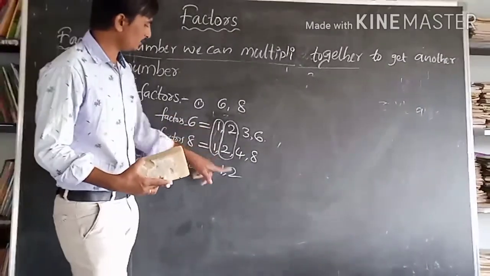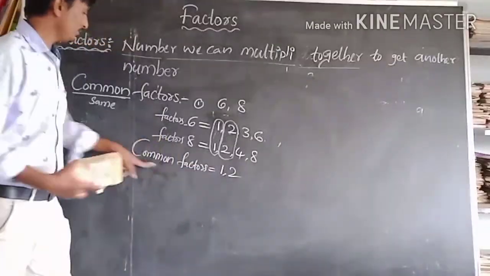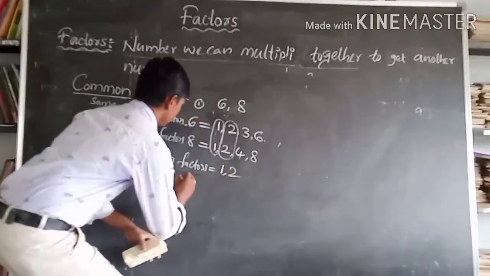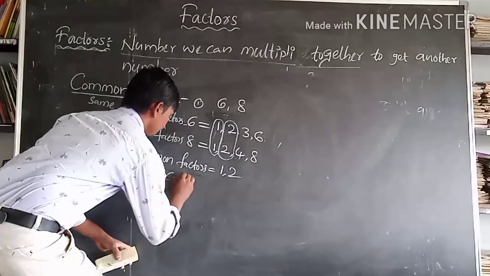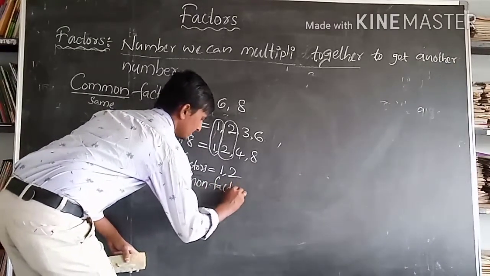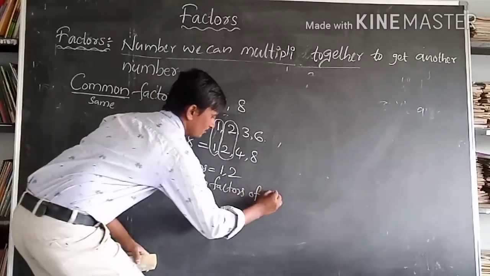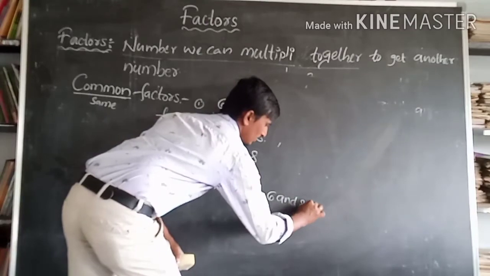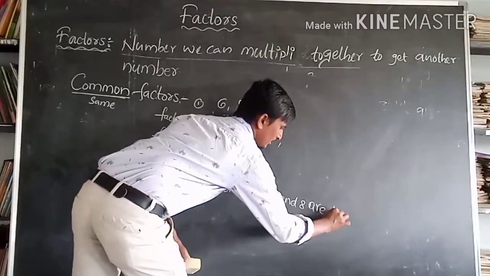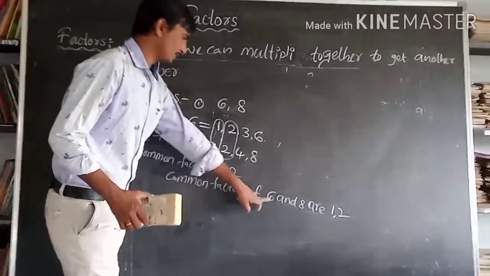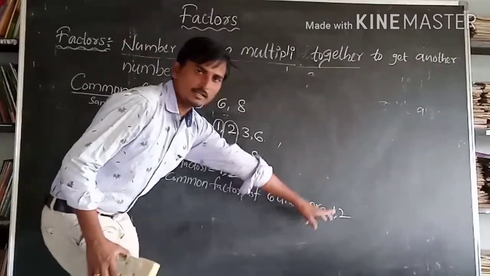So 1 is common and 2 is common. So write: common factors of 6 and 8 are 1 and 2.